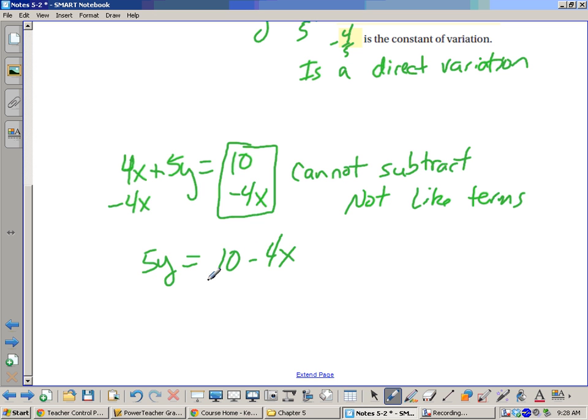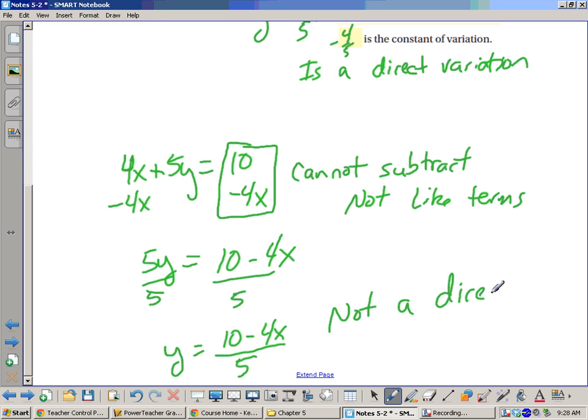So 5y, we would divide by 5, and we would get y equals 10 minus 4x divided by 5. This is not a direct variation because there is no k in the problem. Okay?